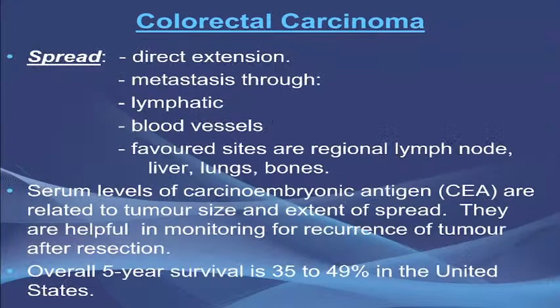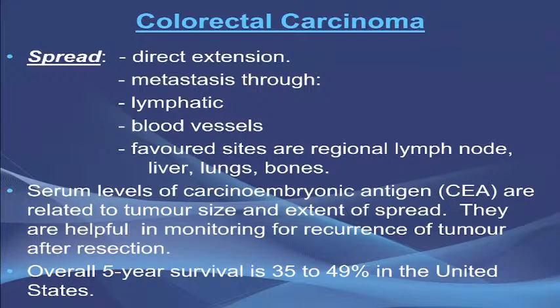Spread can be by direct extension and metastases through lymphatics and blood vessels, and the favored sites for metastases are the liver, lungs, and bones. The serum levels of carcinoembryonic antigen, or CEA, are related to tumor size and extent of spread.